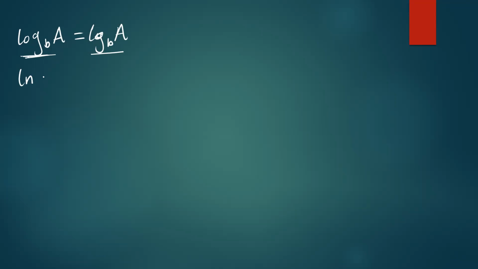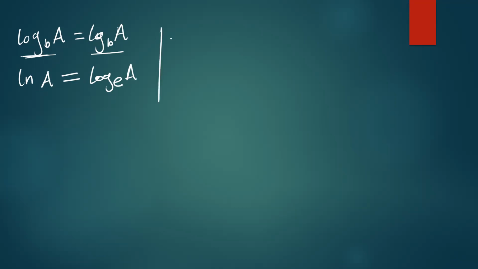For instance, ln A is simply a log of A with a base E. So in other words, the definition of ln is a special logarithm with a base E. Any logarithm that has the base E is called an ln.